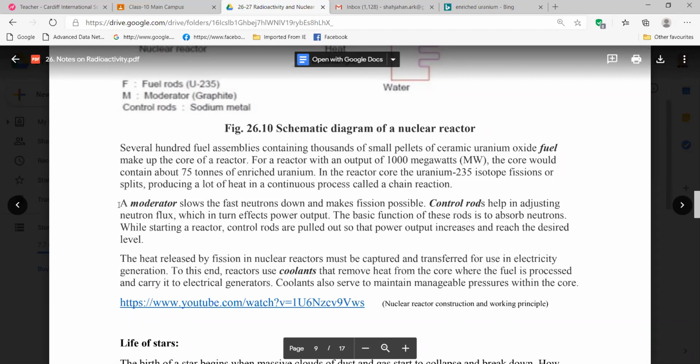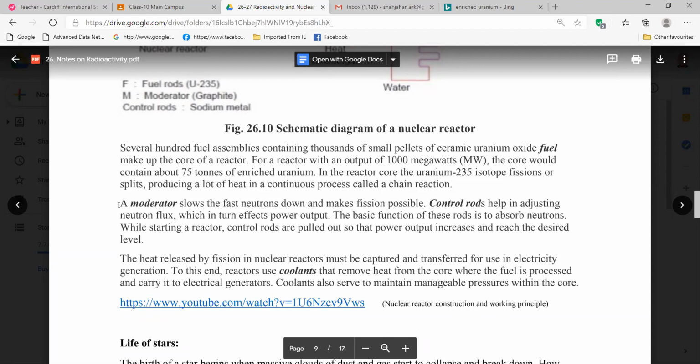Okay, wait here. So here we got the moderator. The moderator slows down the neutrons. The neutrons we are giving require a certain level of kinetic energy.